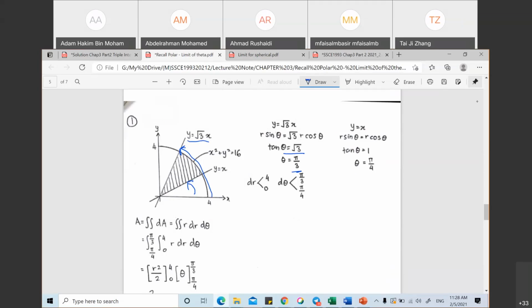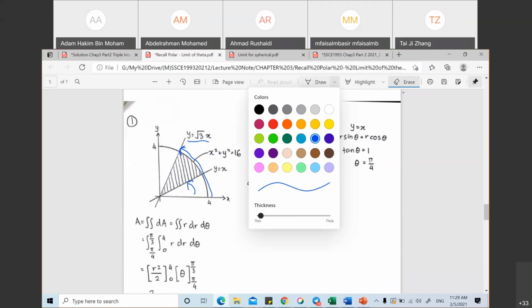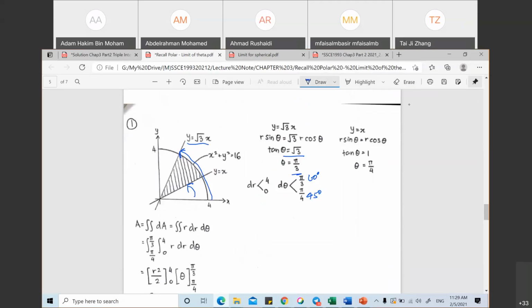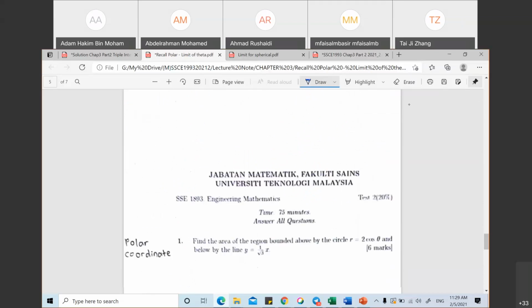So this is 45 degrees and this is, I think, 60 degrees. So it should be lower to upper angle. The radius is always the same, 0 to here, which is the square root of 4, so 0 to 4.